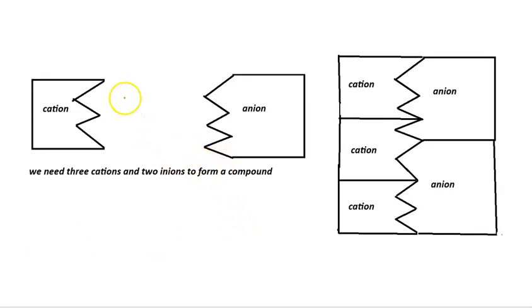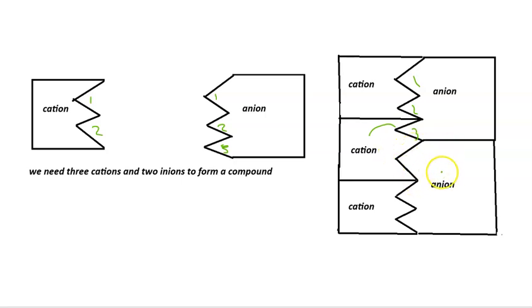But what happens with a cation that used to lose 2 electrons, 1 and 2 electrons, and an ion that needs 1, 2, 3 electrons? How can we fix it? Well, we begin by trying to make this cation give 1 and 2 electrons. But this anion needs an extra 1, so it will take this electron from this cation, and now there is an extra electron here.